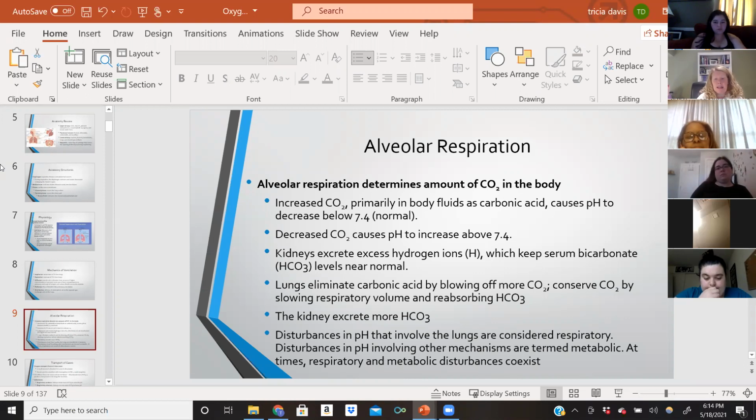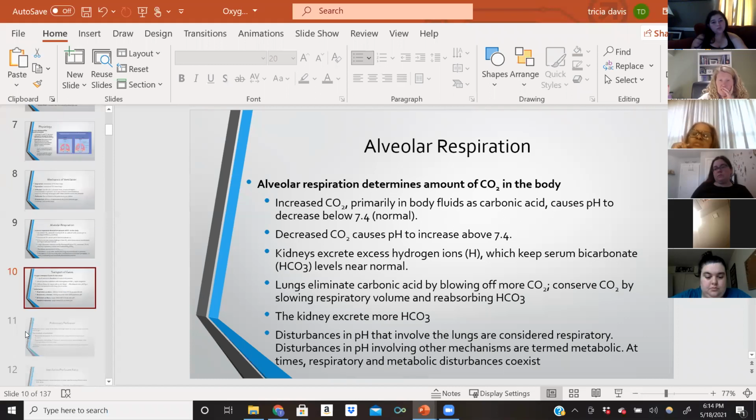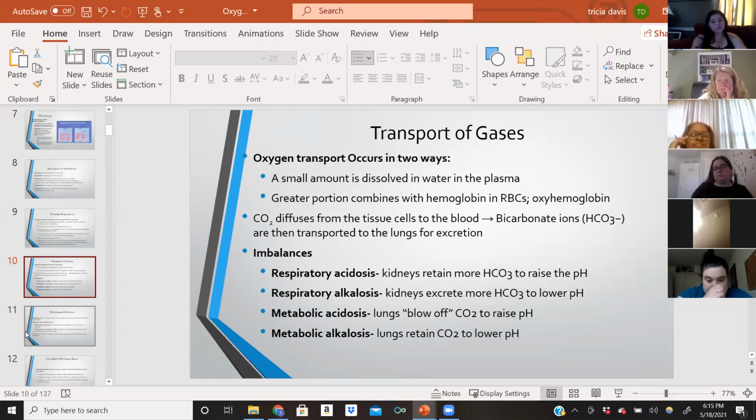So anything that involves the lungs is going to be considered respiratory. Disturbances in pH that involve other mechanisms are termed metabolic. At times, there can be respiratory and metabolic disturbances that coexist together. So this stuff should make sense to you because we just learned all about ABGs.